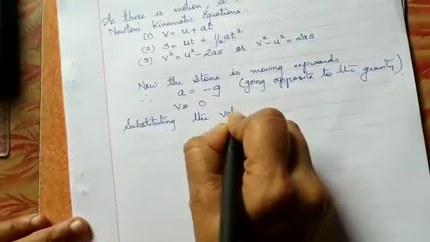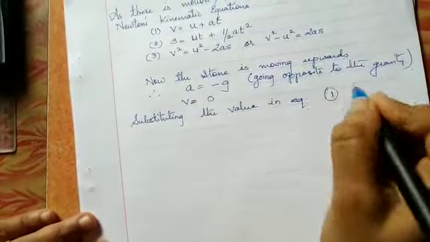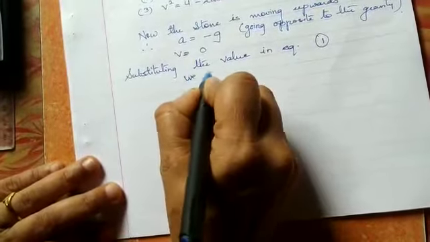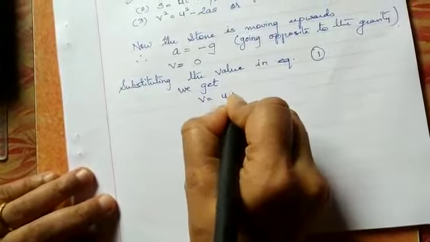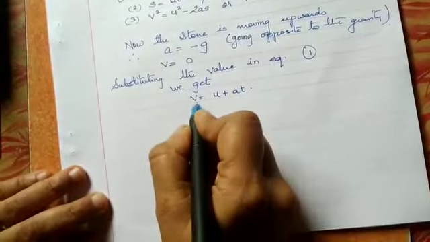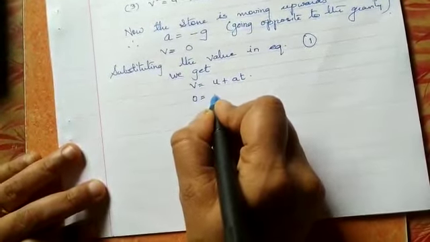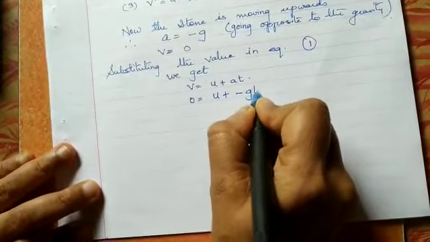Substituting the values in equation 1, we get V is equal to U plus AT. We have got V as 0, U plus minus GT.